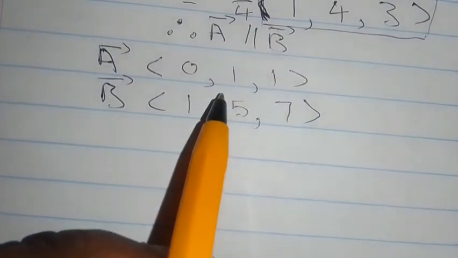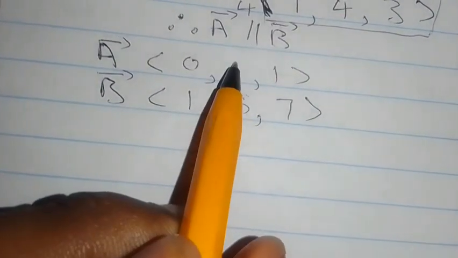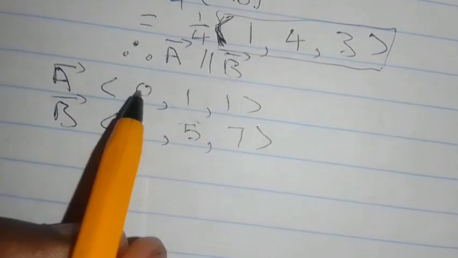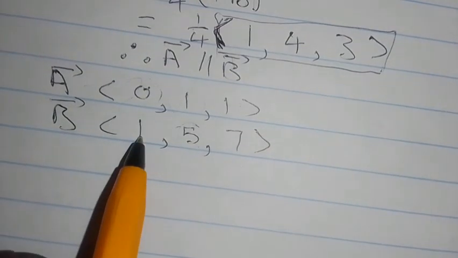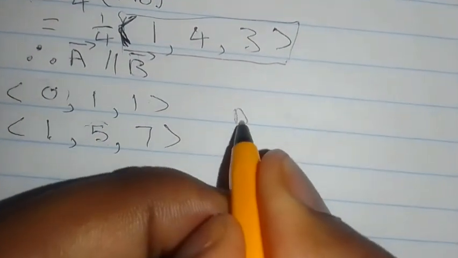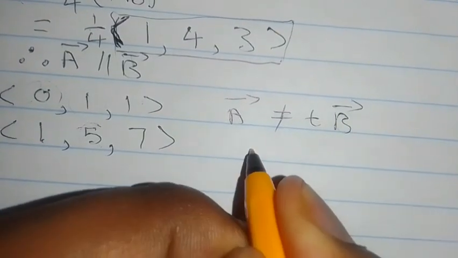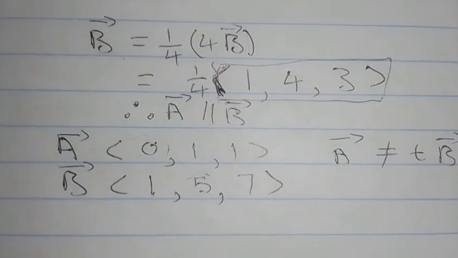How you can look at it is, let's say you want to get 5 here in A. The only way you can get 5 in A is if you multiply every component in A by 5. But notice that if you multiply 0 by 5, you will not get 1. So that means vector A is not some constant multiplied by vector B, and therefore the two are not parallel.